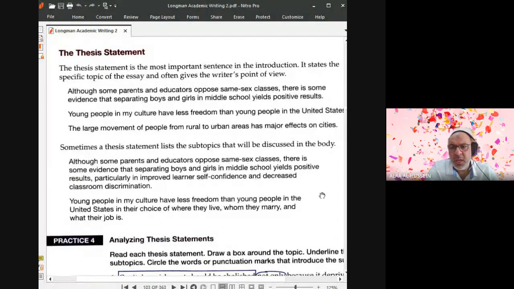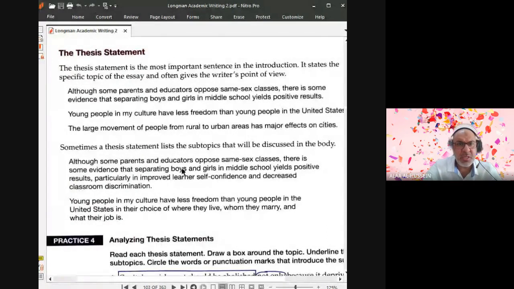If you can see here on page 83, the thesis statement is the most important sentence in the introduction. The second sentence here, look, what we said when we analyzed the introductory paragraph, if you remember, every following sentence explains something about the previous sentence.